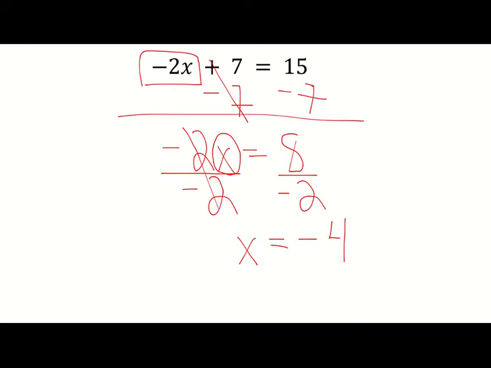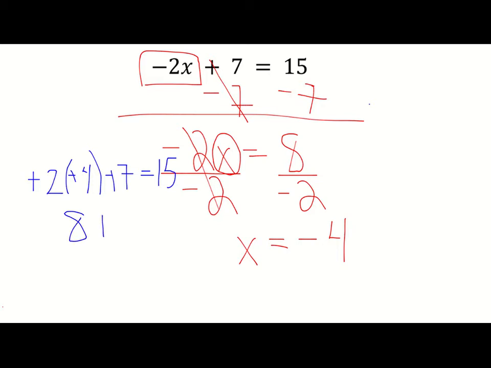Again, I can check this answer by plugging negative 4 back in for x. We have negative 2 times negative 4 plus 7 should be 15. So negative 2 times negative 4, I know when I multiply two negatives, they make a positive, and 2 times 4 is 8.